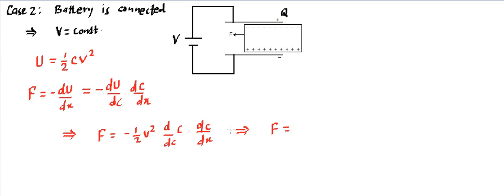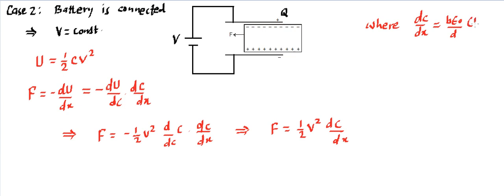And if we talk about the magnitude, because we have talked about the direction earlier, it's going to be half V square dc upon dx. Now here V is the constant term, and dc by dx we have already talked about, where dc upon dx is going to be equal to this value, which was b epsilon naught divided by d in the bracket k minus 1.